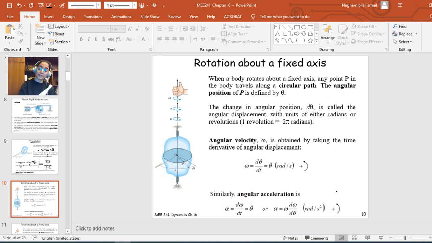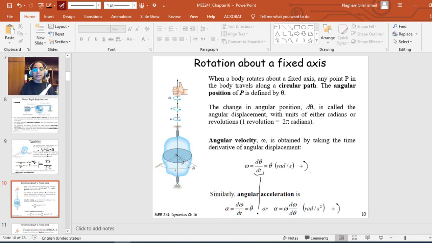The change of this theta will be called omega, which is the angular velocity. And of course, the change of this angular velocity should be called angular acceleration. Its symbol is alpha. And as we did for rectilinear motion, for the general motion of a particle, if I take dt here, then this dt will be equal to d theta over omega.